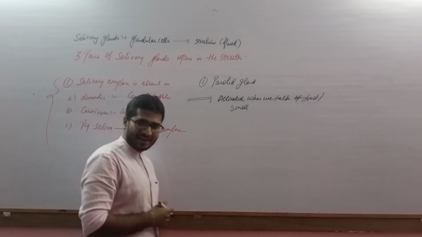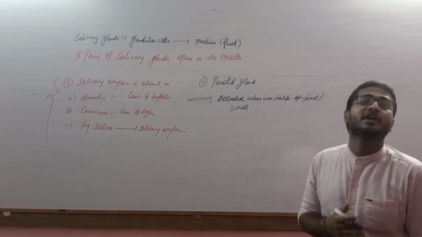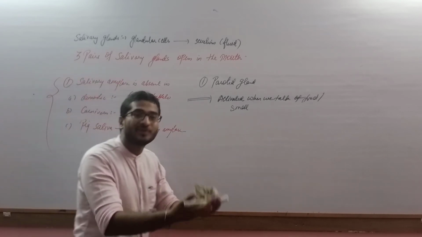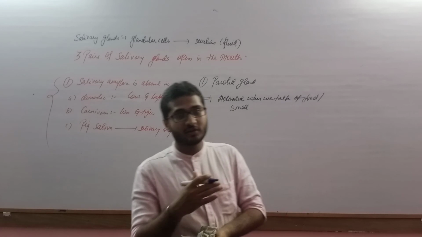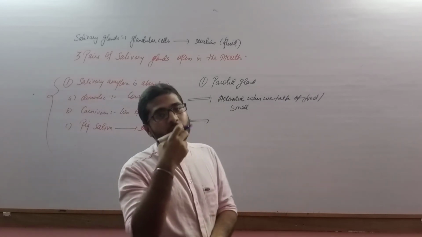When the parotid gland is activated, as we have just seen, its secretion is mainly serous. That means it contains mainly water, around 99% water in the saliva. So of course, when the secretion is watery, we feel the mouth is watery.